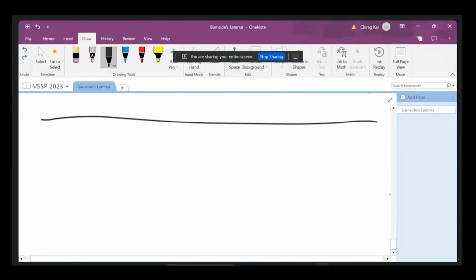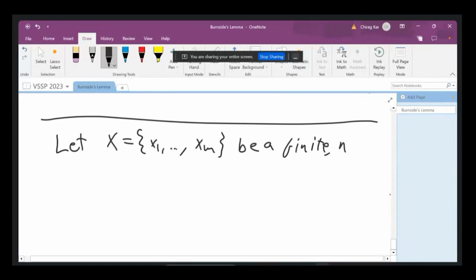We'll prove this statement: let X equal x1 up to xm be a finite non-empty set.